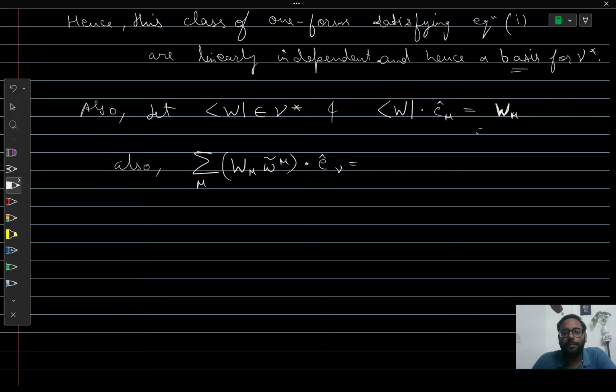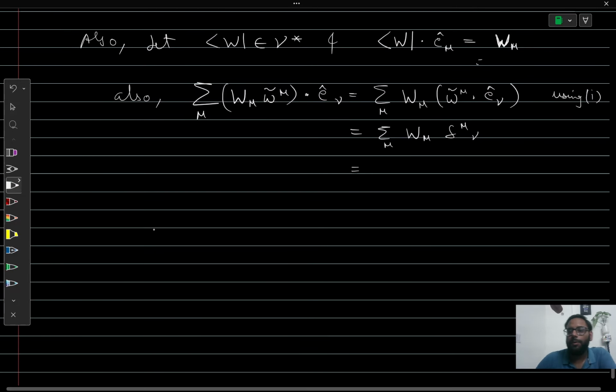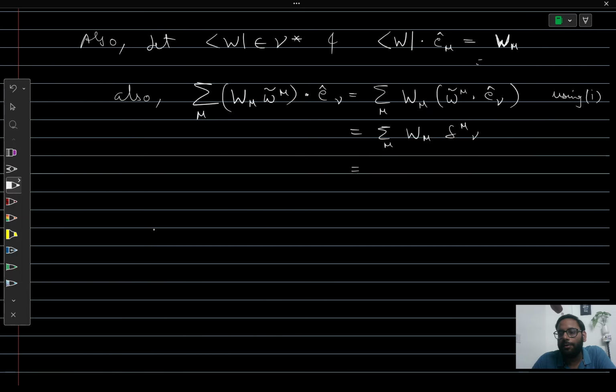Using the first condition again, you will find that this summation will be a Kronecker delta, and it will be non-zero only for mu equals to nu when you expand this summation, because for all mu not equals to nu it will be zero.